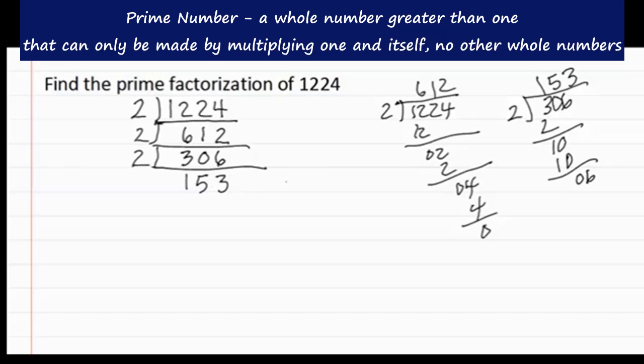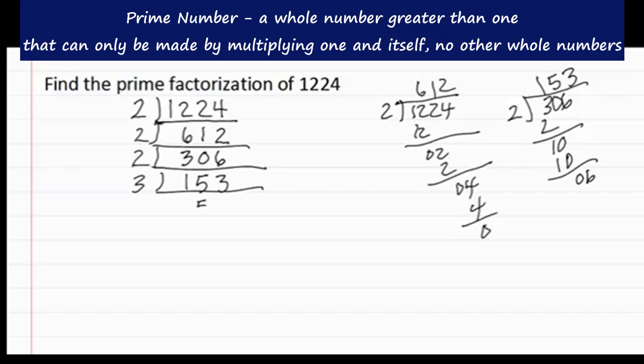Remember, to decide if it's evenly divisible by 3, we add up each of the digits and see if the sum is divisible by 3. 1 plus 5 is 6, 6 plus 3 is 9, and 9 is divisible by 3, so this whole number is divisible by 3.